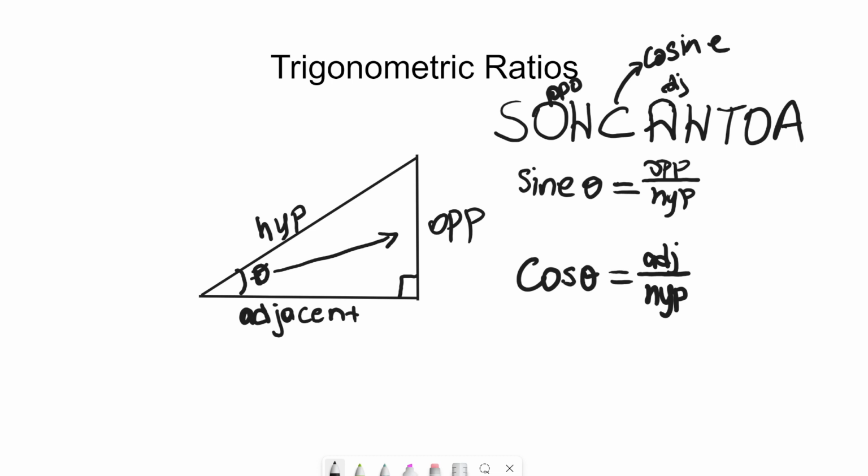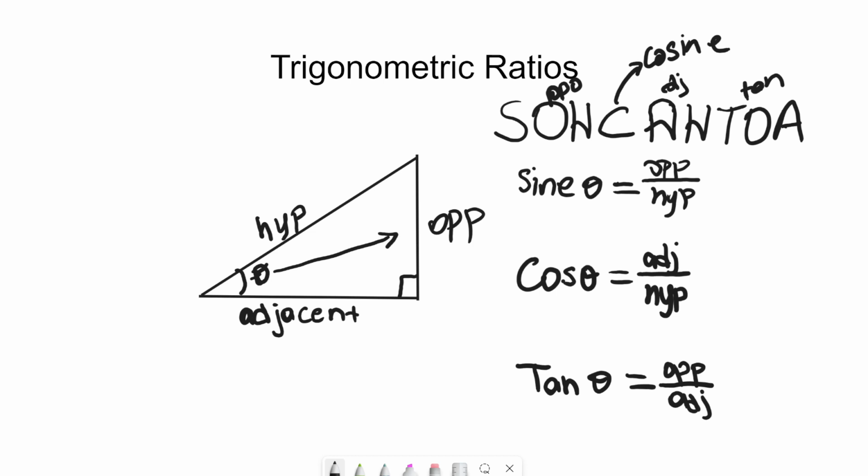And then the last one, T is tan. And so tan theta is going to be equal to what? Remember, TOA is for opposite over my adjacent. So these are going to be our trig ratios.